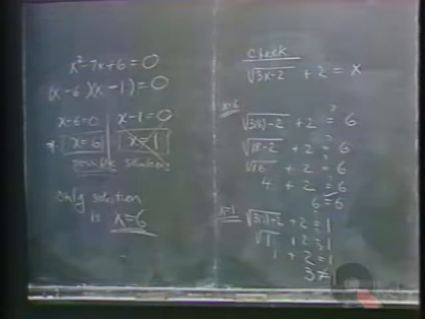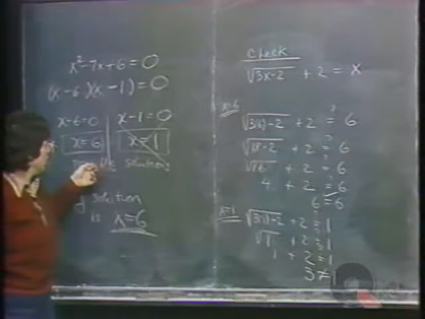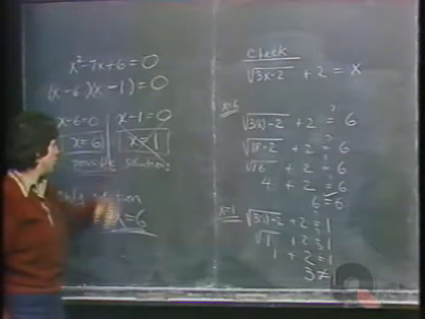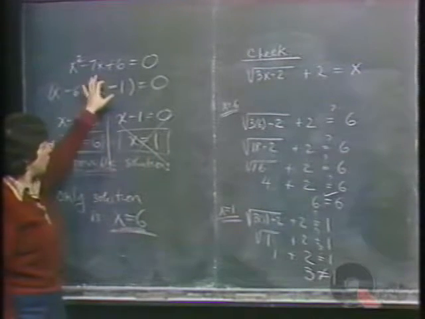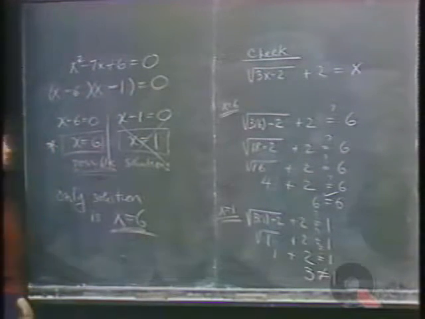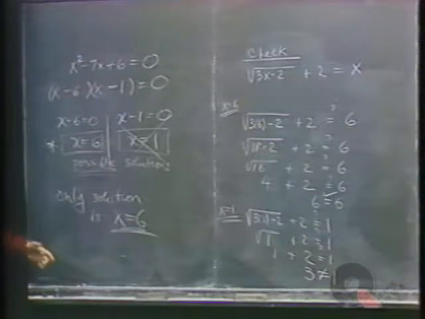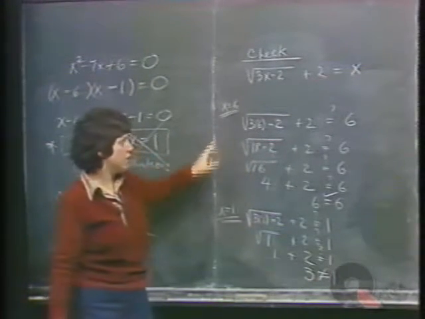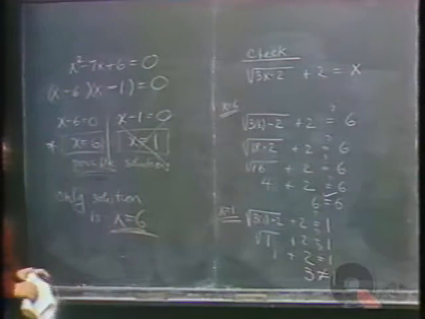We squared both sides of the equation, and in doing so, we introduced an extraneous solution. We just followed our algebra through, but squaring both sides introduced an extra solution to the problem, a solution to the squared equation, which was not a solution to the original equation. We detected this by checking each value in the original equation and seeing that x equals 6 worked out, but x equals 1 did not.